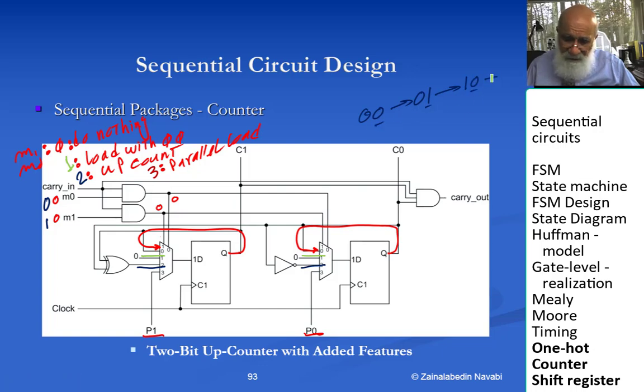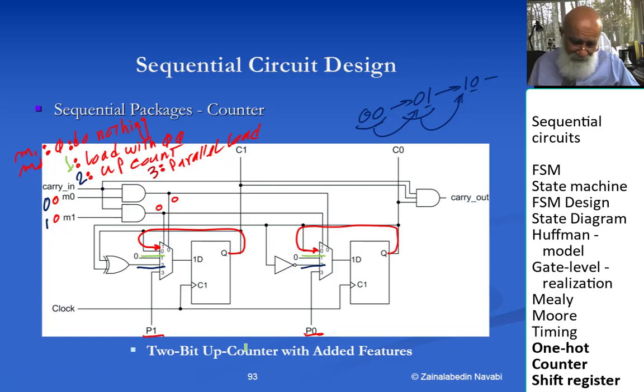And then the 1 0 becomes 1 1, so it's complemented. And the leftmost bit is always the XOR of the two bits. For example, for 0 0, the XOR of them is 0, and therefore this is it. For 0 1, the XOR of it is 1, and then this is this, and therefore the XOR becomes the leftmost bit input.